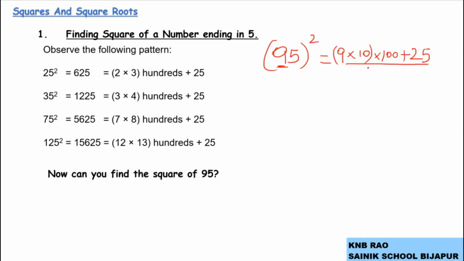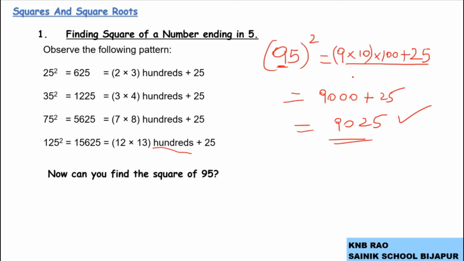You can write either 100 or hundreds. So 9 tens are 90, and 90 into 100 is 9,000 plus 25 gives 9025. That's it. So easy to find the square of a number ending in 5.